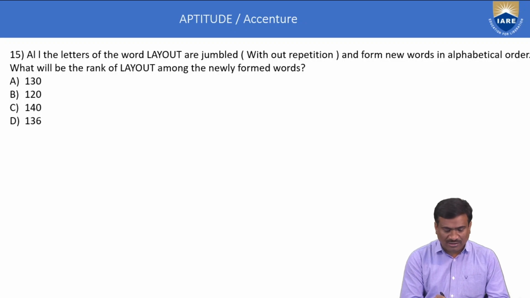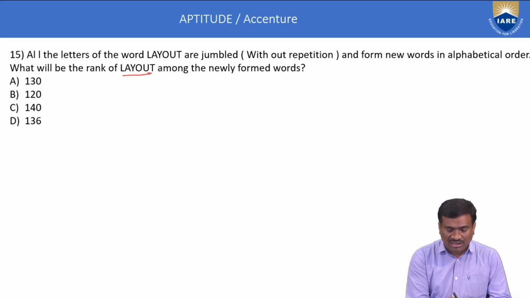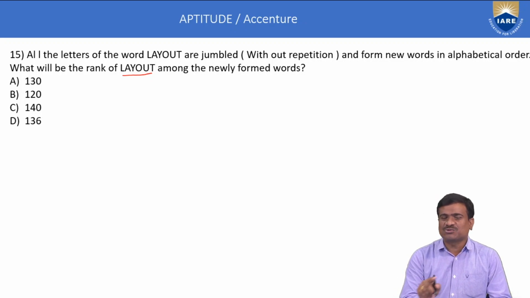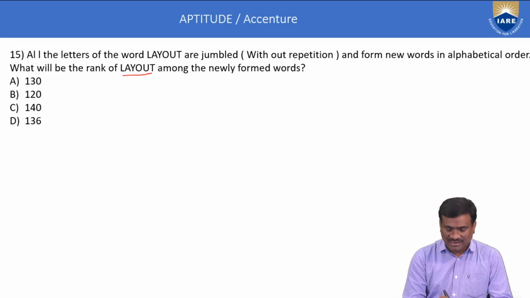Next, last example. Find out the ranking of the dictionary word LAYOUT. Permutations and combinations, calculate the ranking concept. In the ranking concept for LAYOUT, the first method is using alphabetical order letter positions.